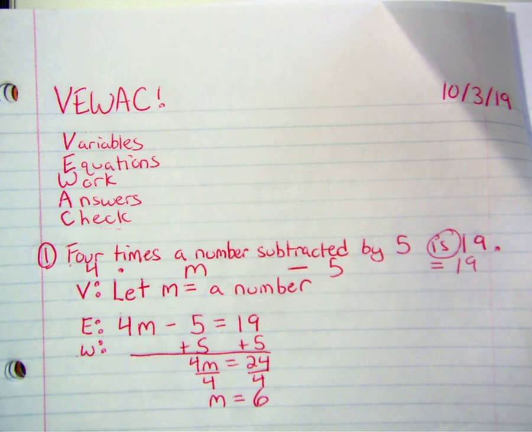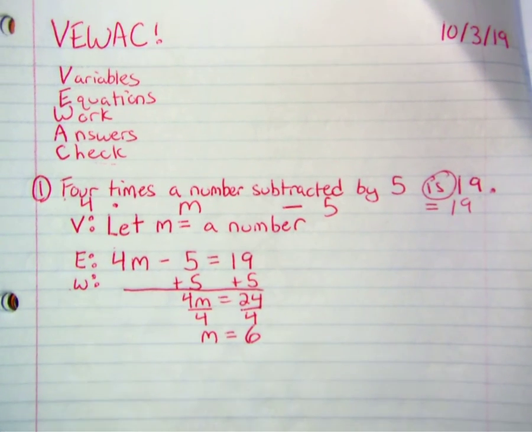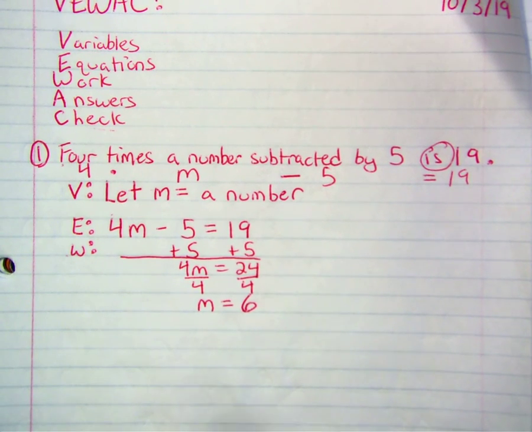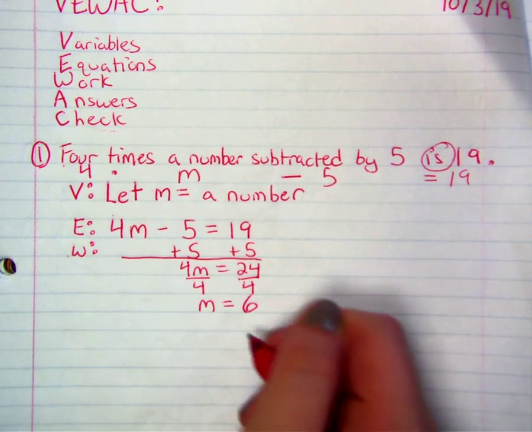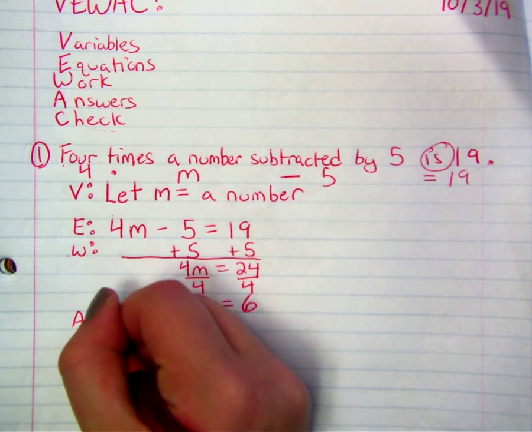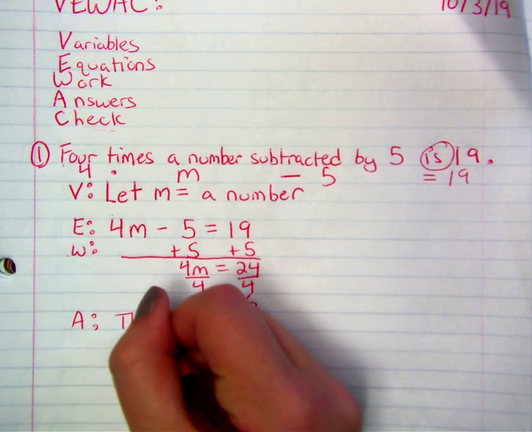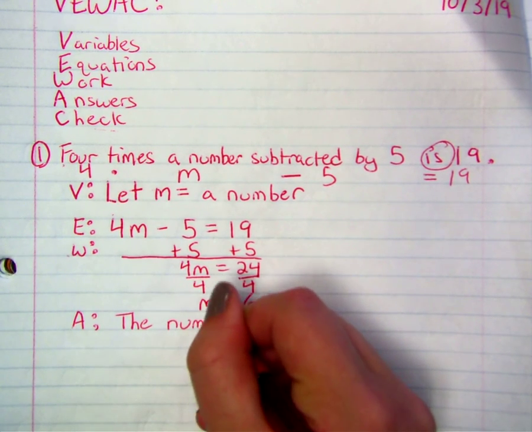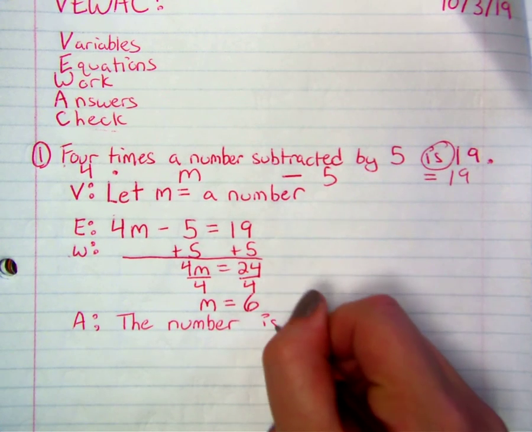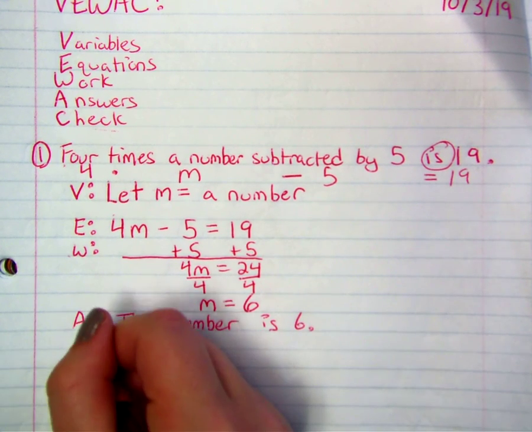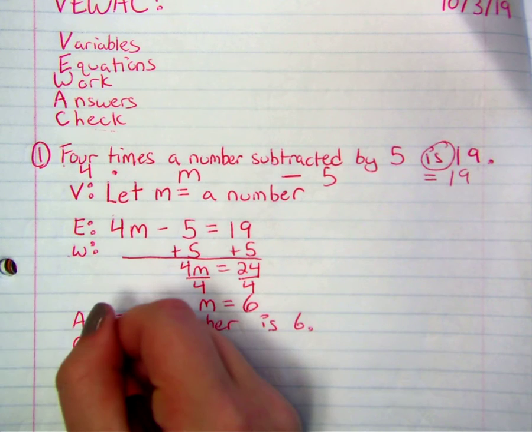Now, I talked about our answer yesterday. We want our answer to be more than just M equals 6, because we're going to get into some complicated word problems. So our answers need to be a sentence, and it can be as short as: the number is 6. And then your last step is to do your check.